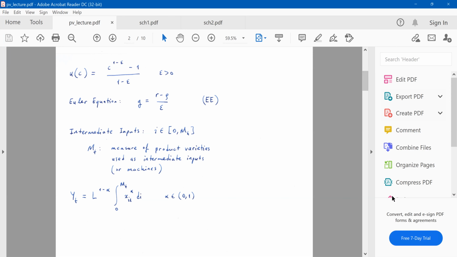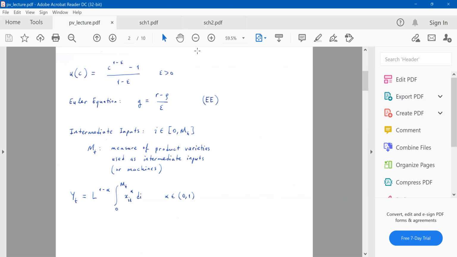If r is the real interest rate, rho is the time discount rate and epsilon is this preference parameter, the growth rate of consumption should satisfy this Euler equation, right? So that's the household side, and as you see, it is the typical optimal growth structure that we impose on the household side of this model.